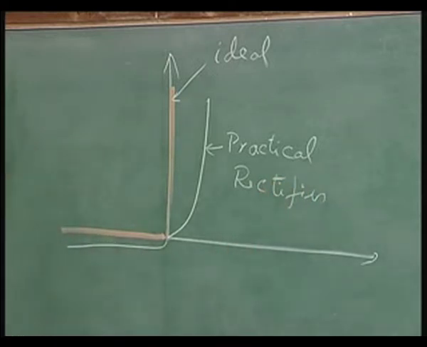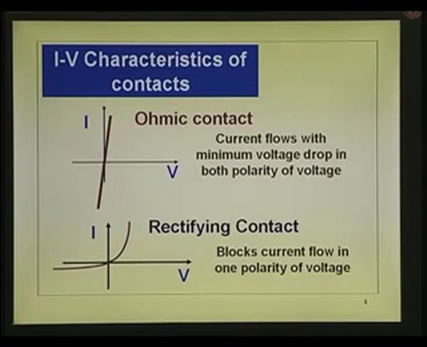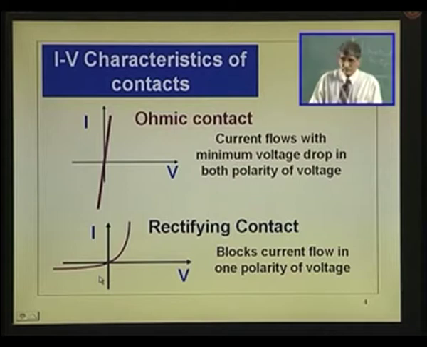Now we will see how to realize this in practice. After all, you need that type of contact at the source and drain, and at the gate you need this type of contact. It can be a junction diode, but now what we are talking of is a metal semiconductor contact which will behave like a p-n junction.